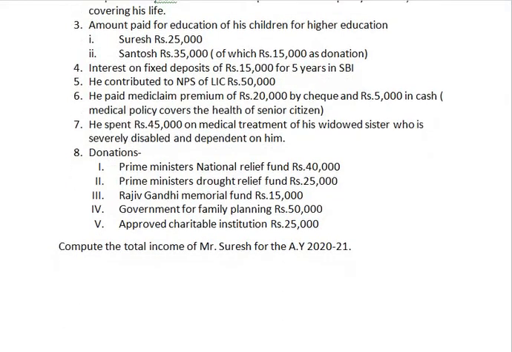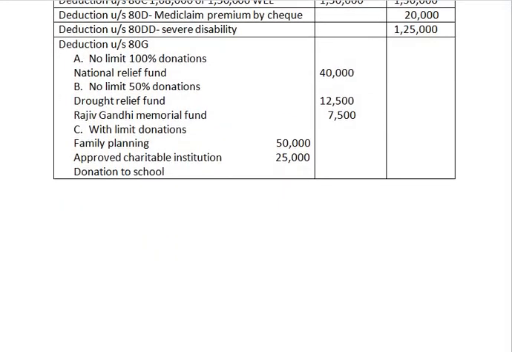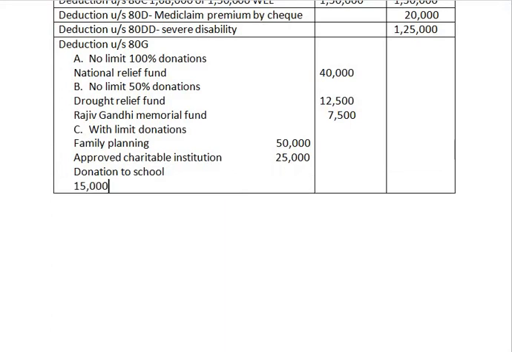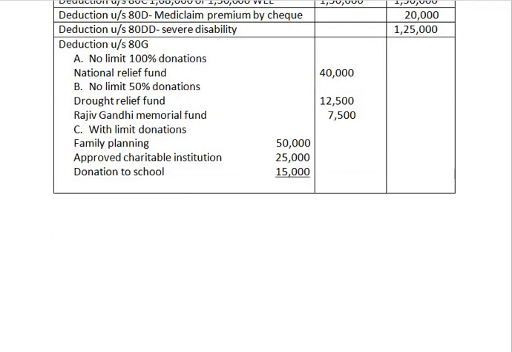Therefore the 15,000 paid as donation will come under section 80G, donation to school worth 15,000 rupees. So what is the total that we get? It is 90,000.